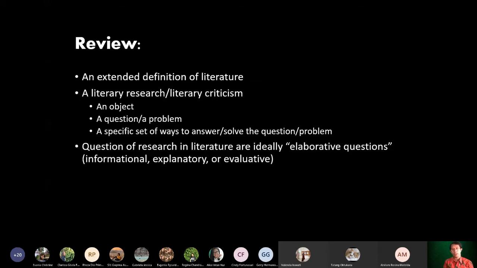And we also discussed questions that you can pose when you do research in literature.